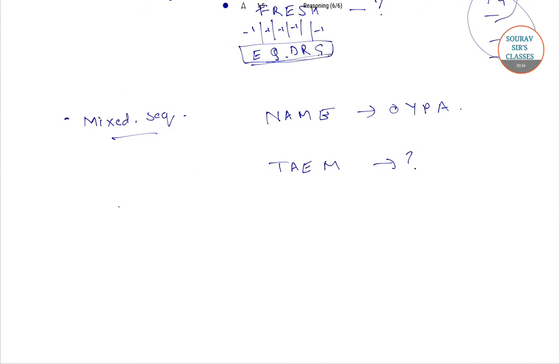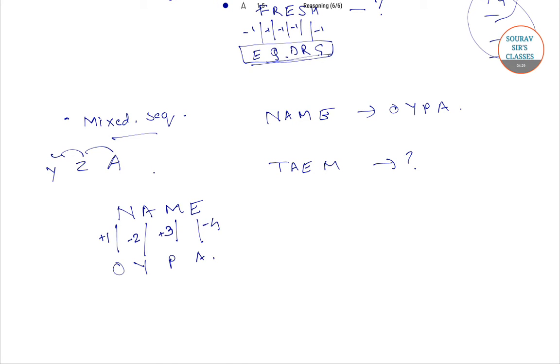Now first we are writing NAME and the coded word, that is OYPA. Now N plus 1 is equal to O, A minus 2 is equal to Y, because A minus 1 is taken as Z, and then Y. So A minus 2 is Y, M plus 3 is equal to P, and E minus 4 is A. So now we are writing our next word, that is TEAM.